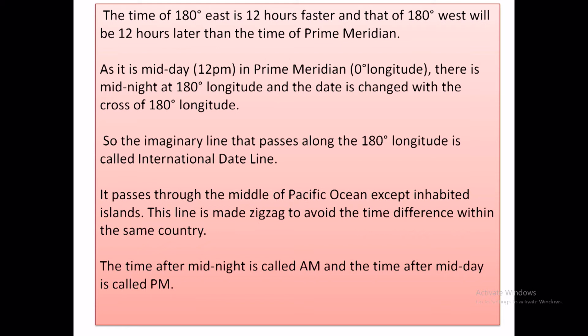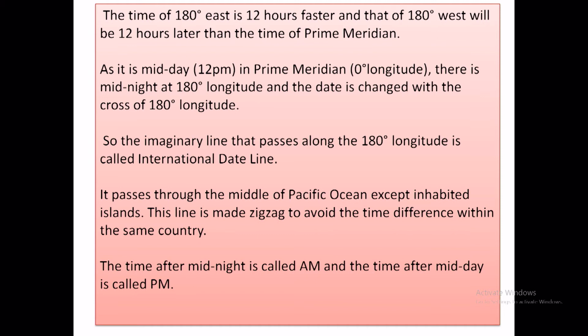Then, another important thing that you should know is that the time at 180 degrees east is 12 hours faster, and that at 180 degrees west is 12 hours later than the time of the prime meridian. When you cross, there comes another term also, the international date line.